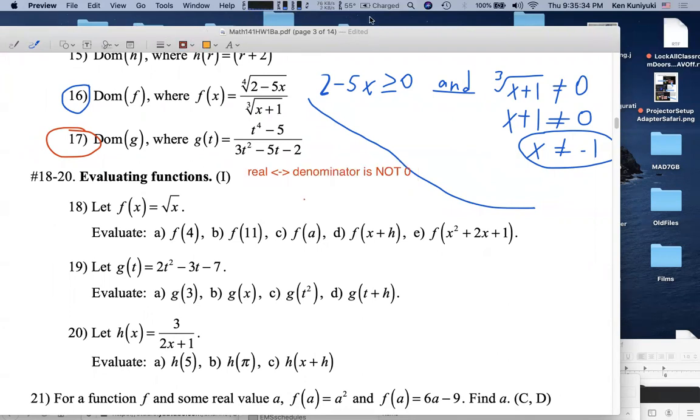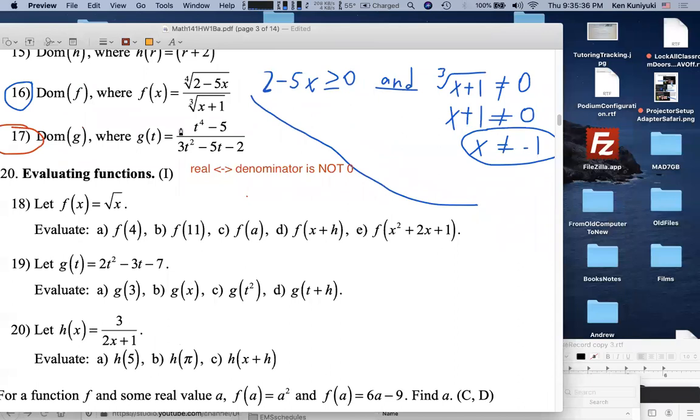In the meantime, it's easier for us to solve equations than inequations. Let's consider, for now, solving the equation 3t squared minus 5t minus 2 equals 0.